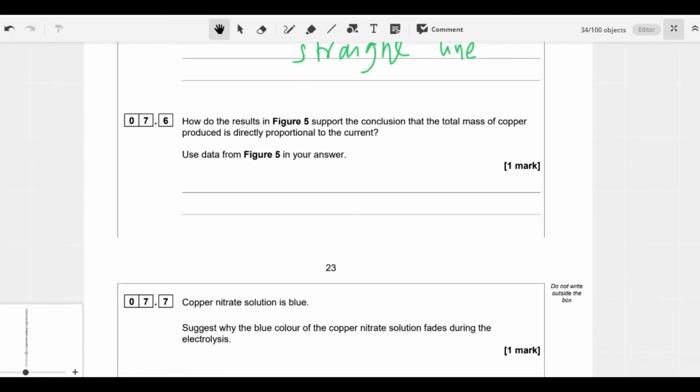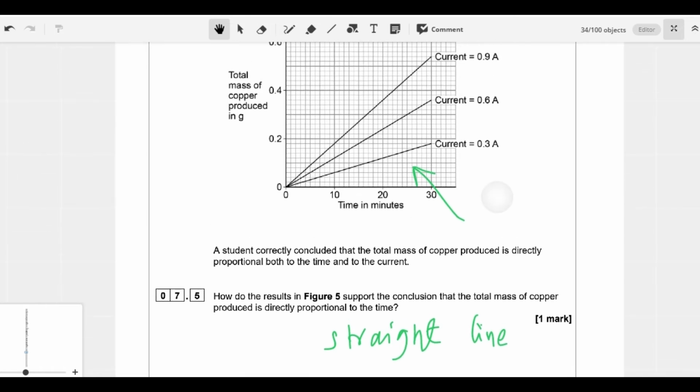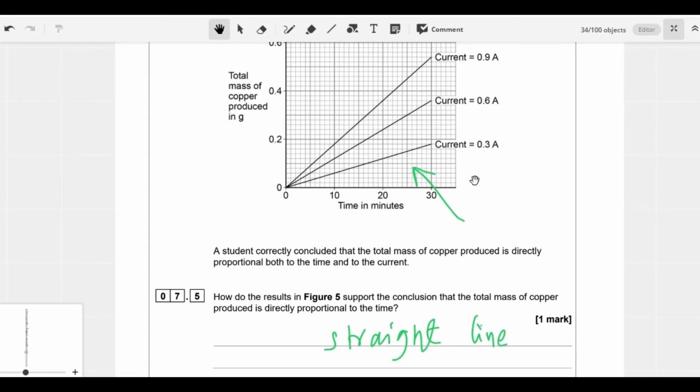Okay, next question: how do the results in Fig 5 support the conclusion that the total mass of copper produced is directly proportional to the current? Use data from Fig 5. In your answer, see here in Fig 5, at 0.3 amperes the total mass of copper produced is about 0.07. And here you can see that it is doubled.